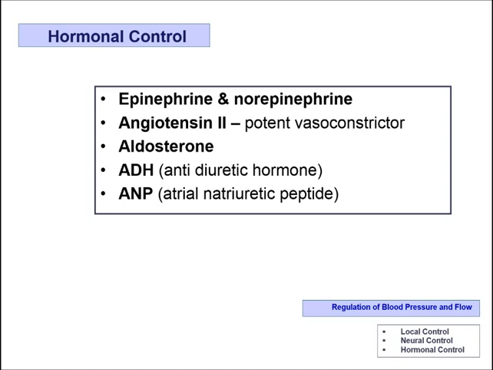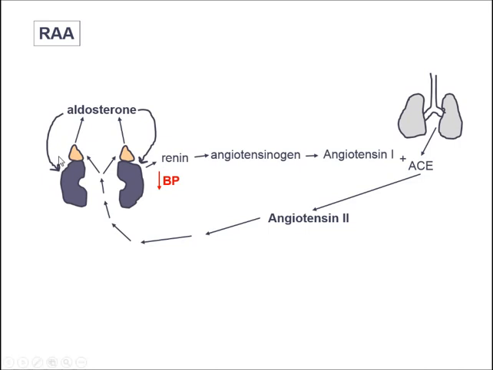We're still talking about hormonal control, and in order to talk about this sequence of events that includes angiotensin II and aldosterone, I want to paint the big picture for you. It's called the RAA, the renin-angiotensin aldosterone cascade or sequence.